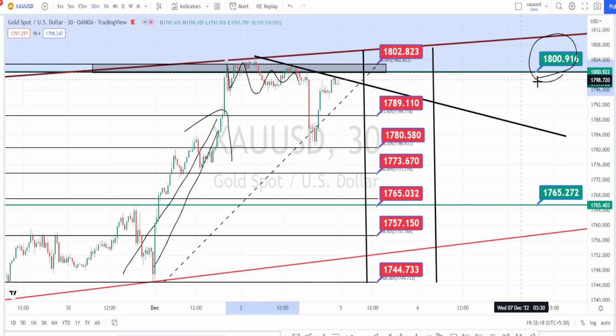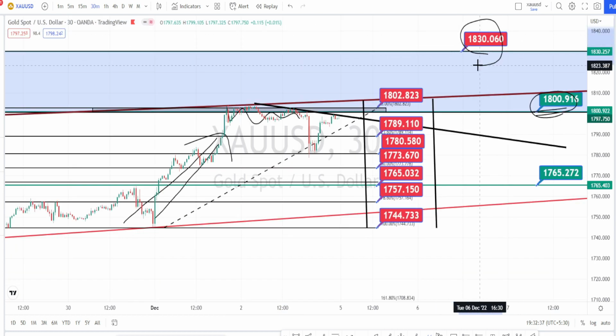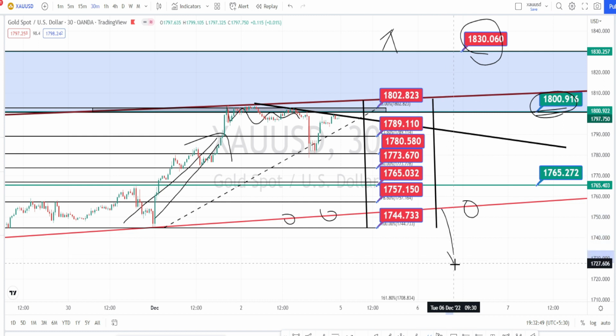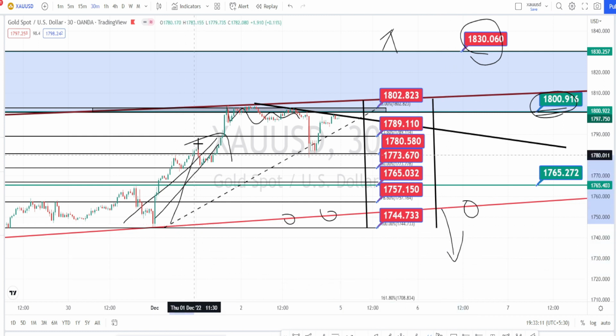So I would recommend you to wait for the price action to break this resistance level between 1800 to 1830 if you want to freshly enter into the bullish side trade, or wait for the price action to break this trend line or the support line from the 4 hours time frame if you want to freshly enter into the bearish side trades. The ranges between this resistance and support levels are only for the scalping.